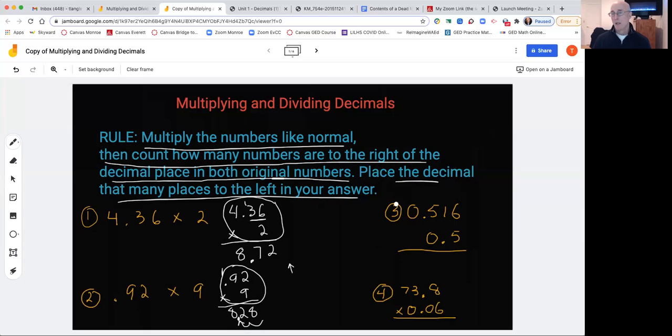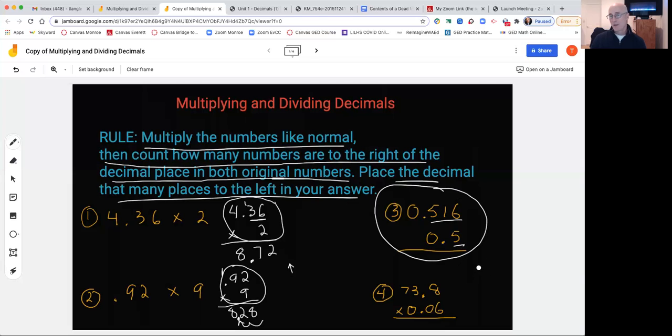Now I'm not going to do number 3 and number 4. I'm just going to ask you, in number 3 here, when I get my final answer, how many places am I going to move my decimal from the right to the left? Pause there for a minute. I'm going to count in my original problem. I've got 3 here to the right, plus I've got 1 here, so 4.